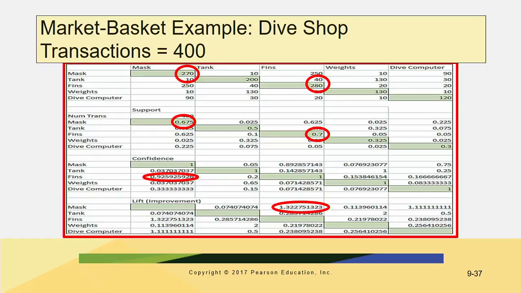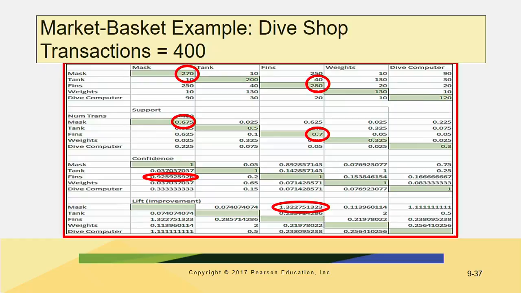So there's also something called lift. Lift is improvement. 62% of transactions included fins, but we know if they bought a mask, that goes up to 93%, right?